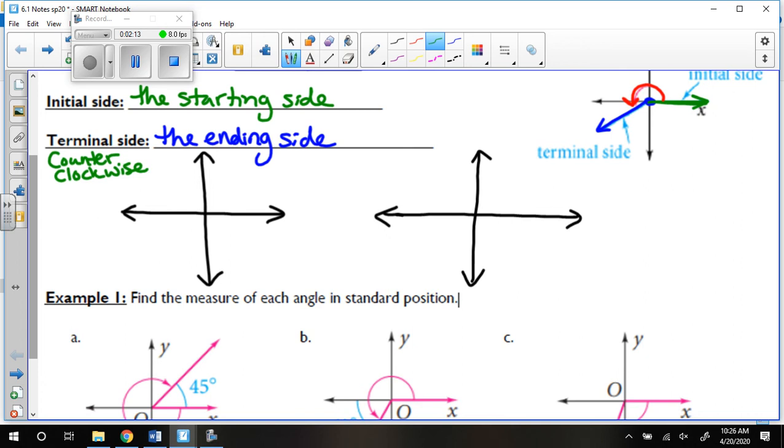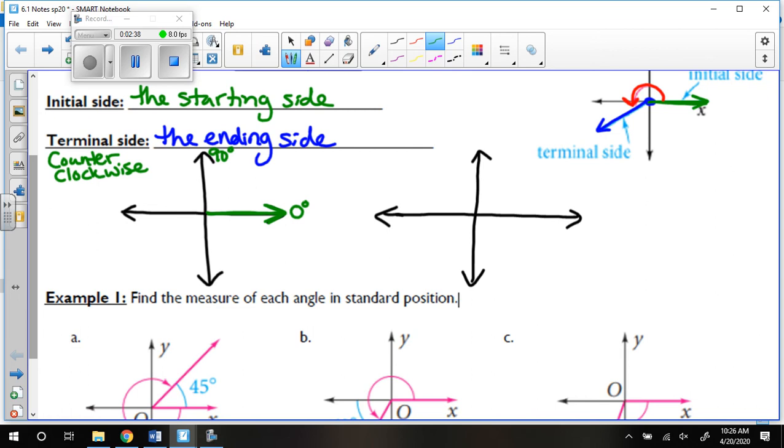Okay, so counterclockwise, you will still start on the positive x-axis, so that is still your initial side, and it starts at 0 degrees. Okay, then we move through the first quadrant and we go to the top of our y-axis here, and that is 90 degrees.